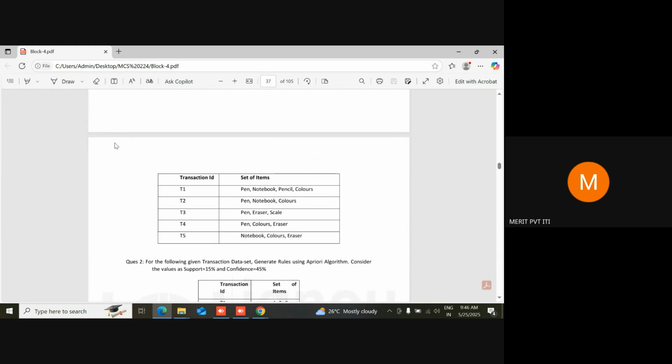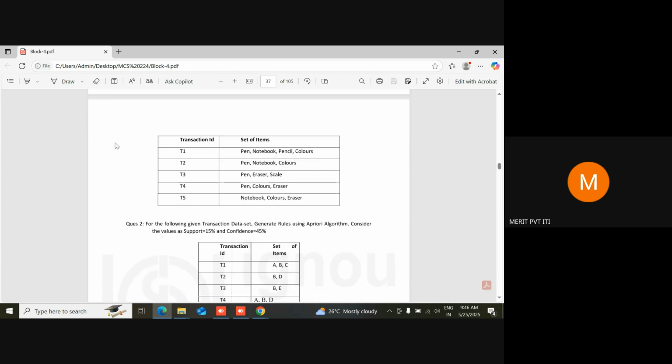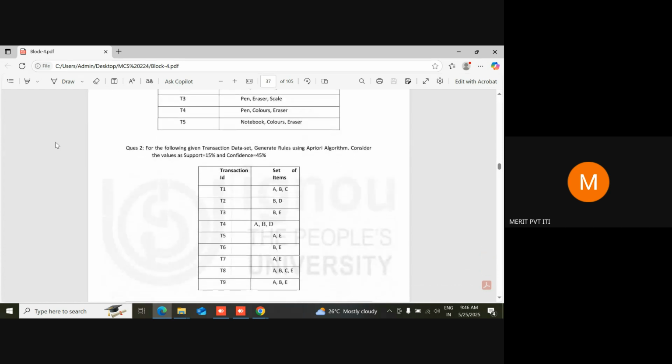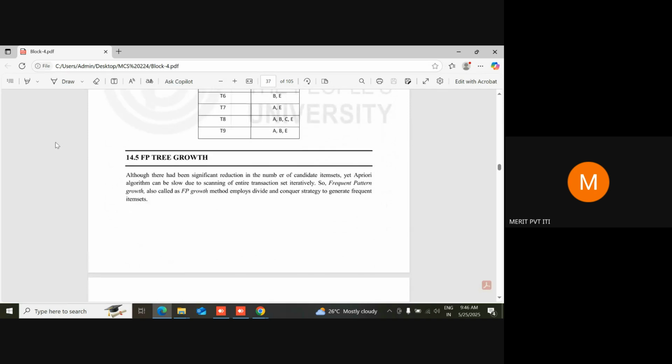Pen, eraser, scale, pen, calculator, pen, color, eraser, notebook, color, eraser, and so on. So that type of thing was there. Now FP growth, that's another important thing. Although there has been significant reduction in the number of candidate item sets, the Apriori algorithm can be slow due to scanning the entire transaction set iteratively.